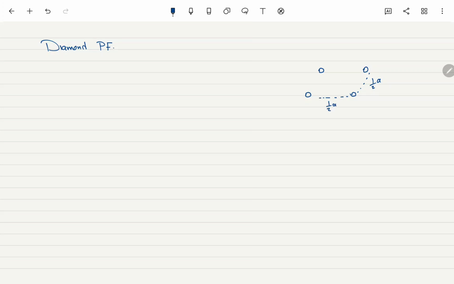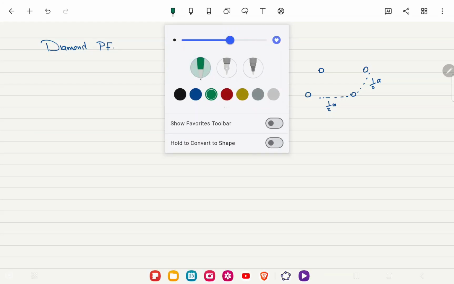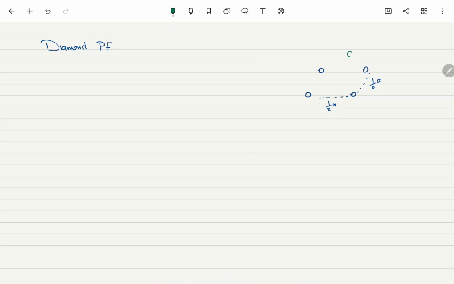Now the other one, the one on the top, the green one here, is located a distance 1/4 from the middle of the square. So the distance here is 1/4 A. Now this blue atom here is in contact with the green one here, so this is 2R. Now this diagonal here.